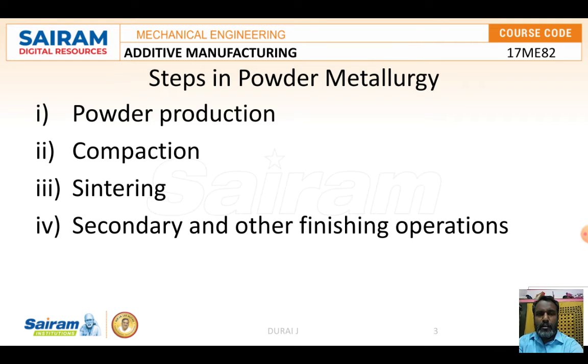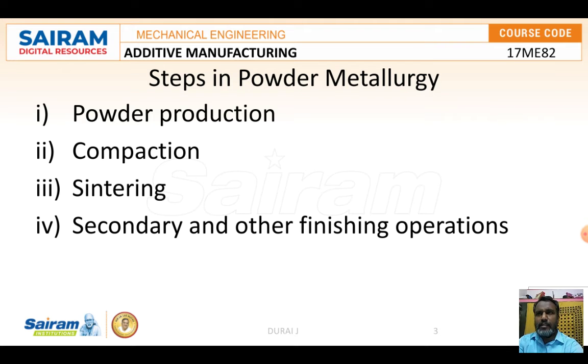Bonding occurs by diffusion of atoms, giving integrity to the compact. In other words, sintering serves to consolidate the mechanically bonded powders into a coherent body having the desired service properties.